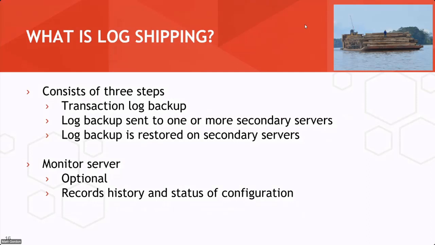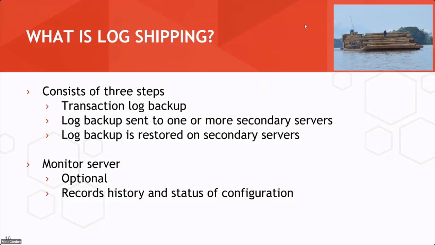And there's not a whole lot to it. So it consists of 3 steps. It takes a log backup. It then sends it to one or more secondaries, and then it restores that on those, and done. You can set up a monitor server. If you do set this up, I would definitely recommend doing that. It is optional, you don't need it, but this gives you a really easy way to go back and look at the history of every job.